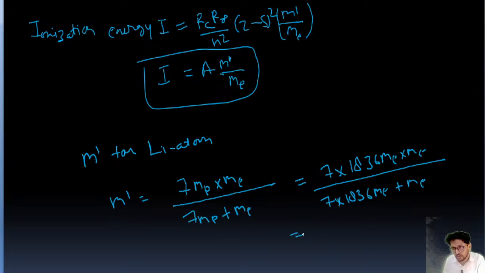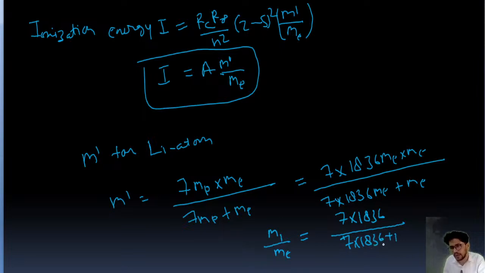So Me will get cancelled, and M dash upon Me is 7 into 1836 upon 7 into 1836 plus 1.